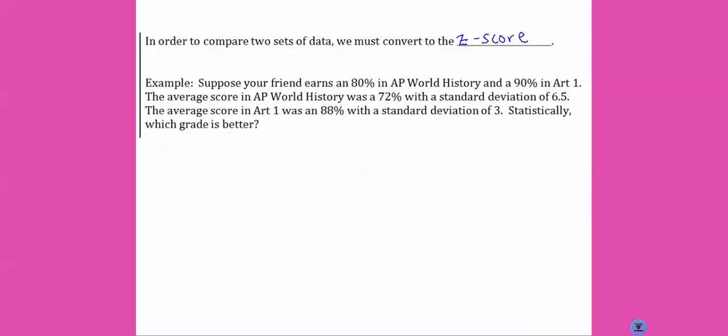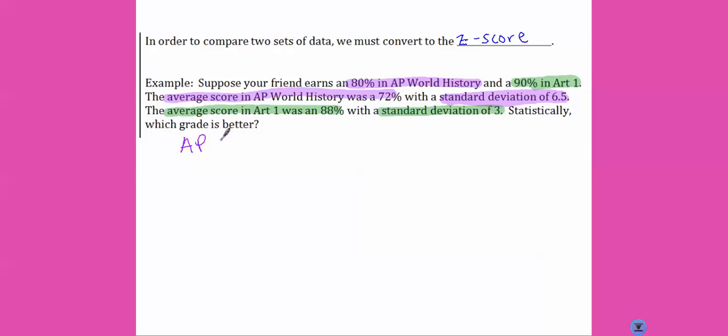So I'm going to highlight all my information about AP World in one color. So AP World, that's my friend's grade, the average, and the standard deviation. And then I'm going to go back and highlight art in a different color. So since there's two classes, I'm going to do two different z-scores.